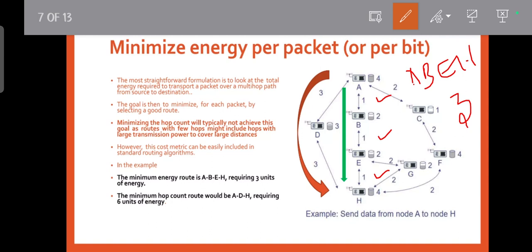Whereas in the connection A, D and H, the energy consumed from A to D is 3, and from D to H is 3. So 3 plus 3 is 6. The path ADH requires 6 units of energy, whereas the path ABEH requires only 3 units. By comparing this, we select the minimum energy route in order to make the transmission efficient.